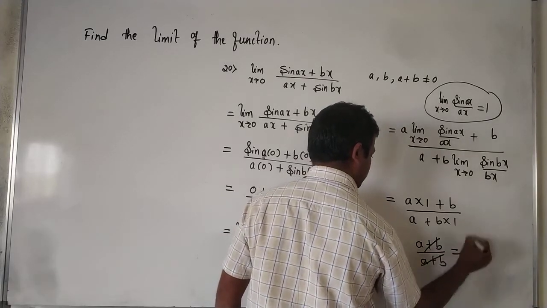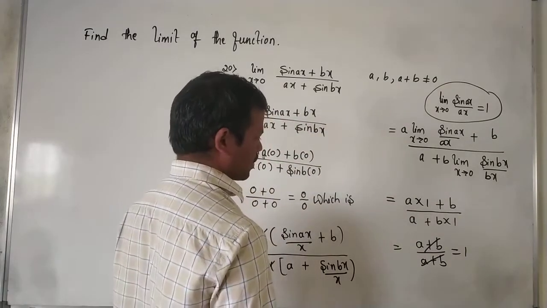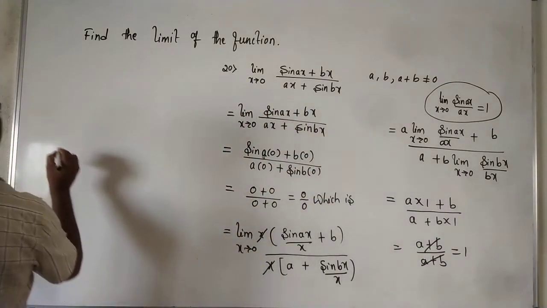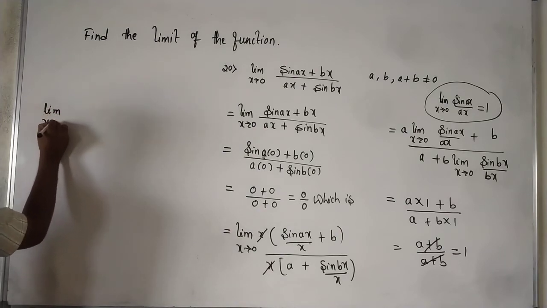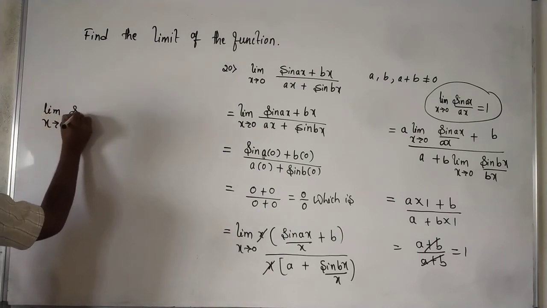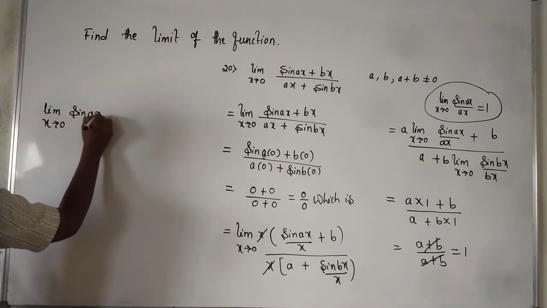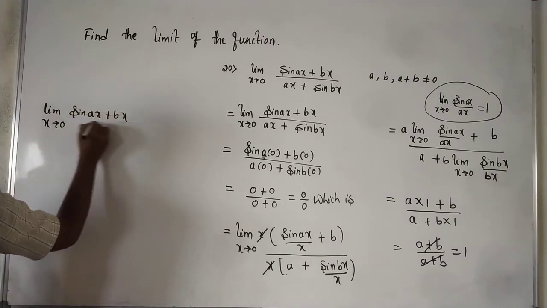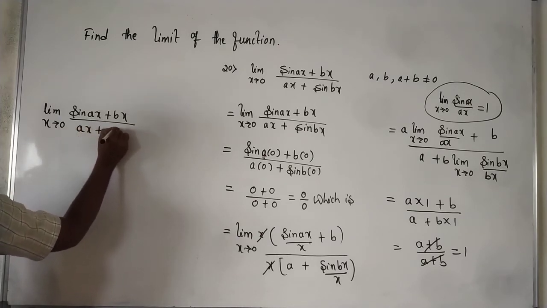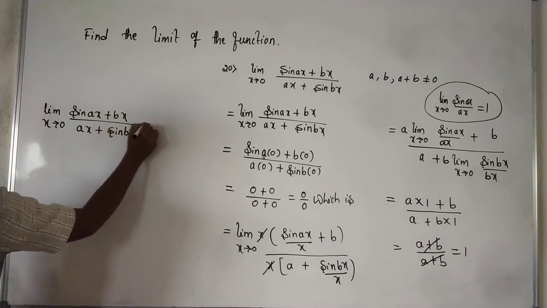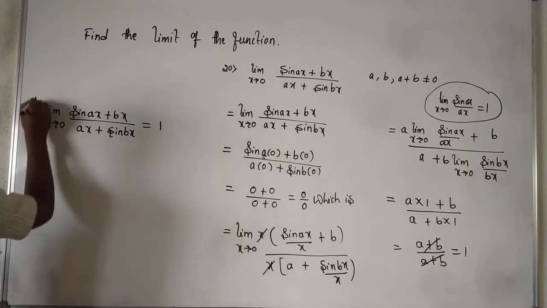What is left is 1, which is a defined form. So therefore the limit as x tends to 0 of sin ax plus bx divided by ax plus sin bx is equal to 1. So this problem is complete.